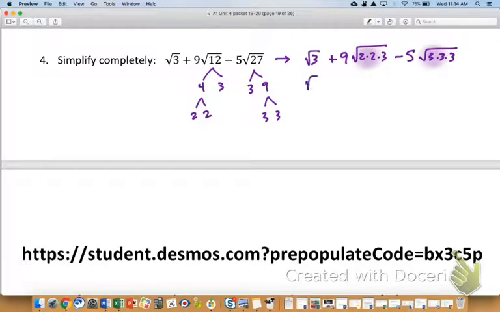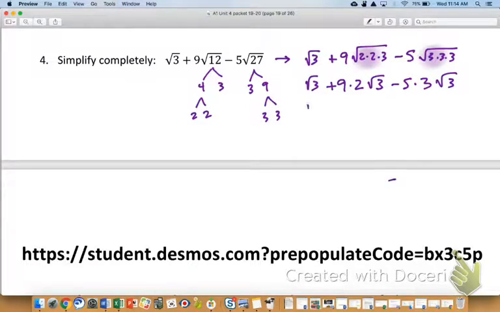So this would be square root of 3 plus 9 times, look at the screen, 9 times 2 times the square root of 3. So that 2 in there, that's your square root of 4. Okay. And then minus 5 times 3 times the square root of 3. And that 3 that just showed up outside the radical, that's your square root of 9 that you actually did. Okay.